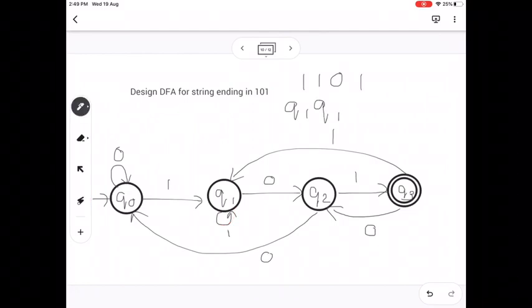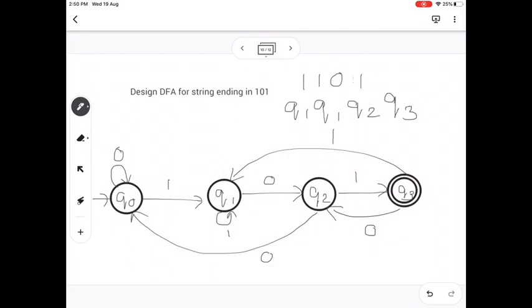Okay. Now for the next 0, I go to Q2. Okay, and next 1, I go to Q3. So I am in the final state.